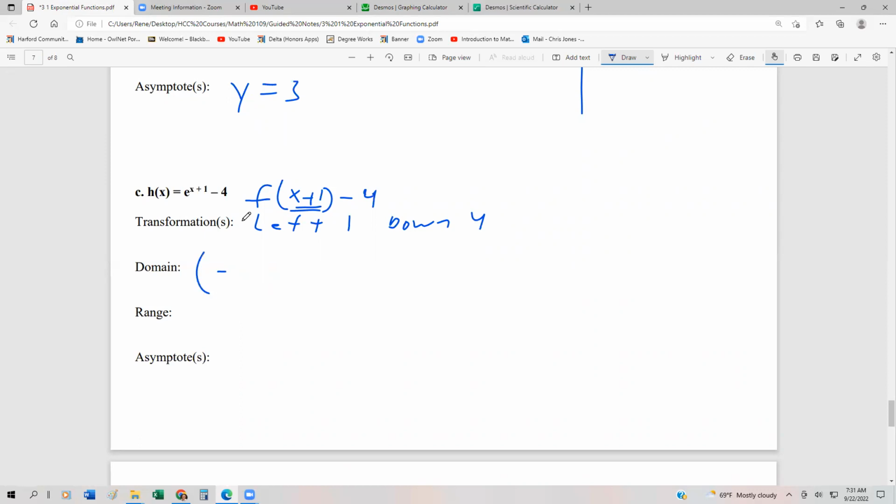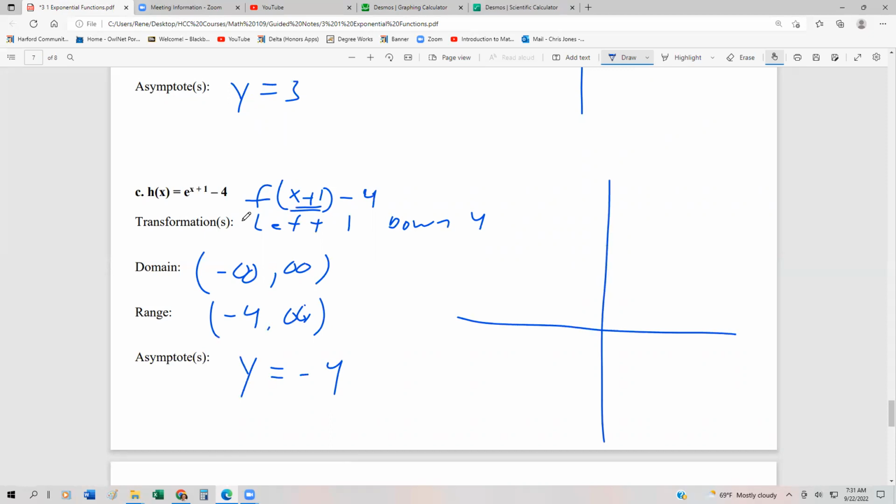Domain always the same for an exponential function. The range, we move down 4, so instead of 0 to infinity, it's going to be from negative 4 to infinity, exclusive of negative 4. And again, because we moved down 4, the asymptote is now at y equals negative 4.